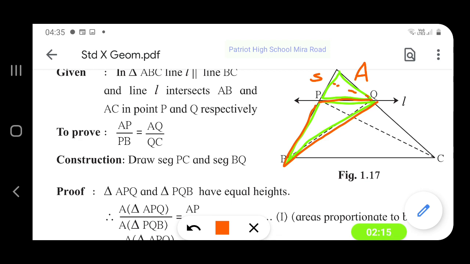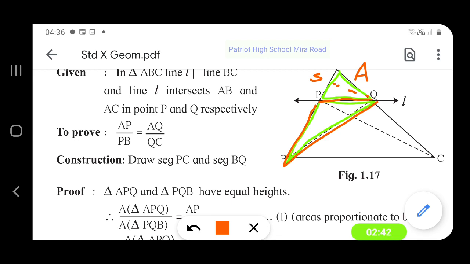Therefore, ratio of area of triangle APQ upon area of triangle PBQ is equal to the ratio of their bases, that is AP upon PB.